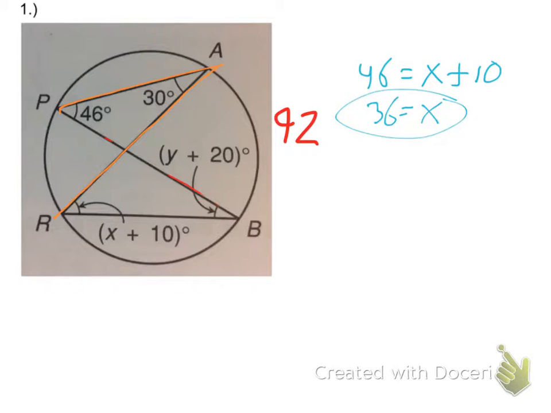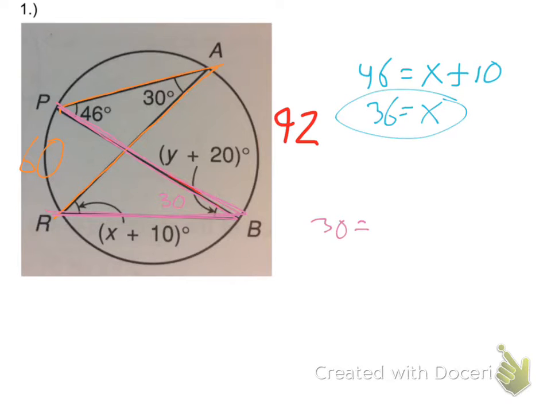Angle opens to PR, which makes that 60. And therefore, I'm going to change colors again. Angle A is 30. Angle B has to be 30.